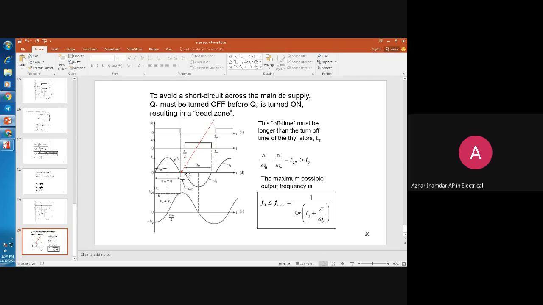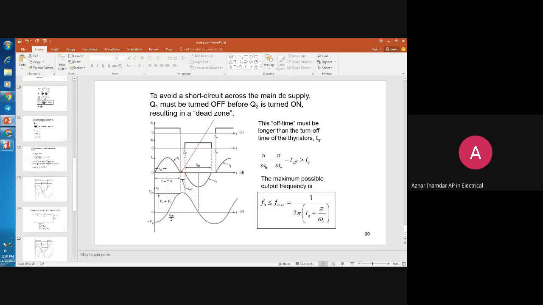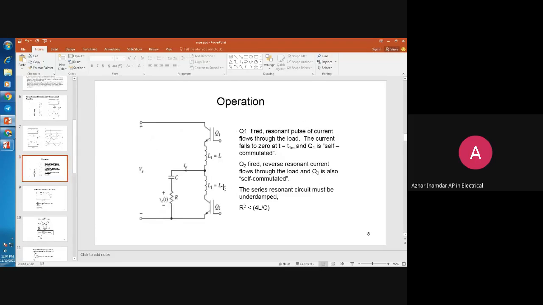Now this resonant inverter, I will show you again. This circuit is a very basic and simple circuit. It gives the basic concept and describes the characteristic equations, which can be applied to other types of resonant inverters.